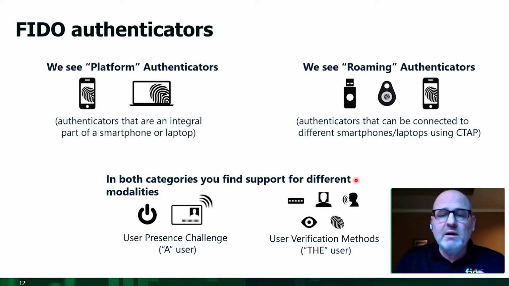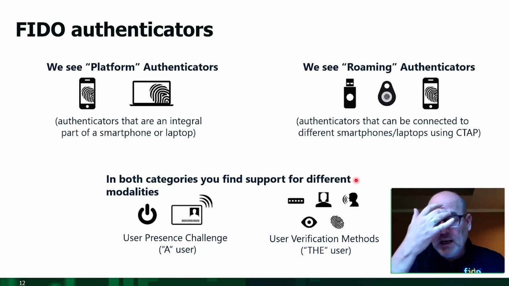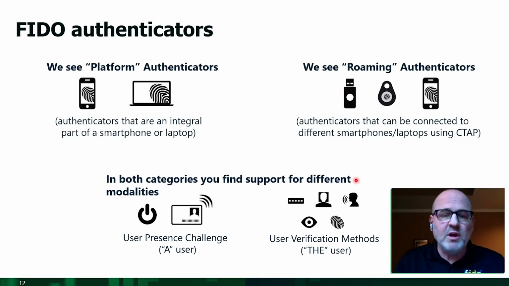And each scenario has its own benefits depending on what levels of security and what works best for your particular scenario, both in corporate environments as well as consumer use. And then at the interaction level, again, there's a large variety of ways in which you can interact. In some cases, all you need to prove is user presence.